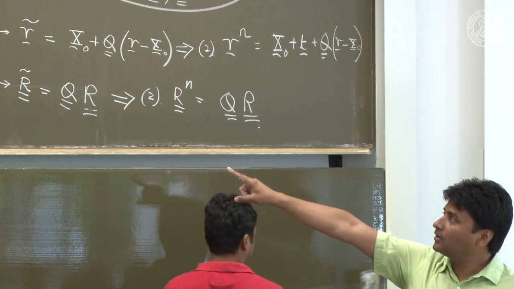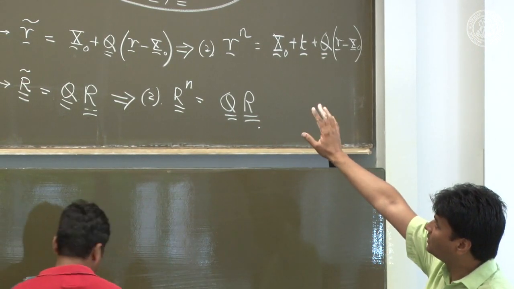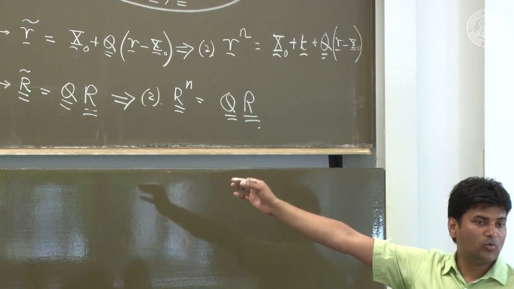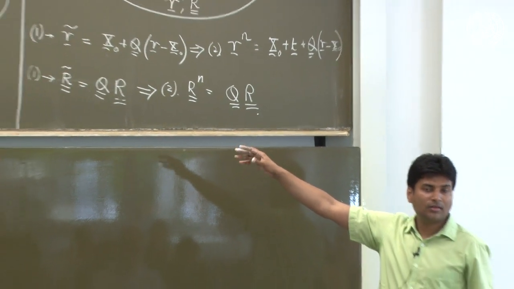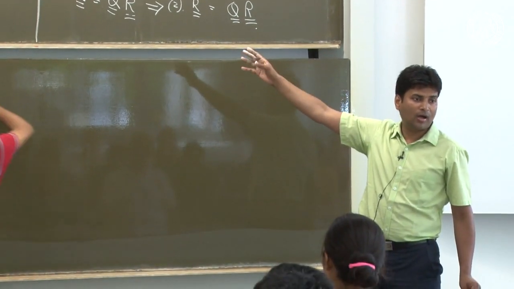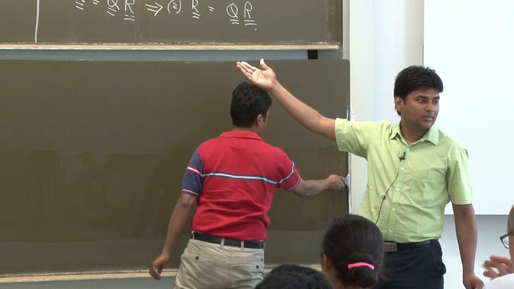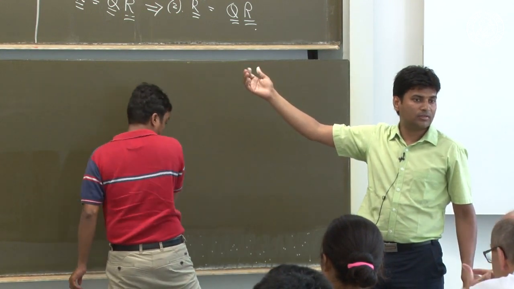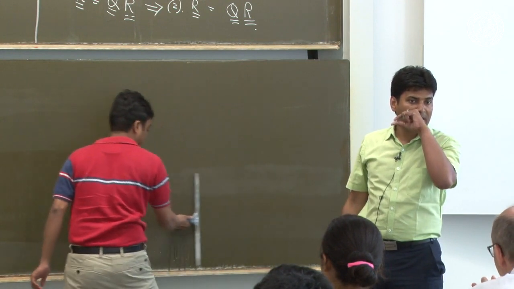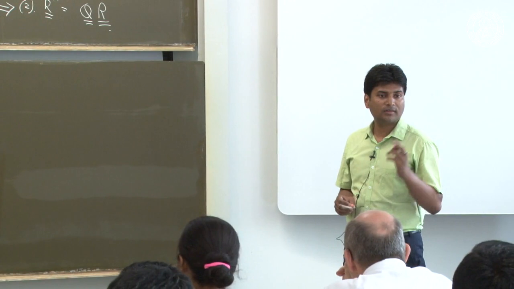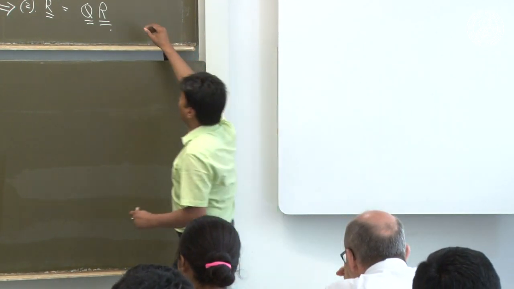The energy function in terms of your just little r and big R, and in terms of new little r and new big R, it would give the same value, right? That's your frame indifference. The energy cannot change, right?